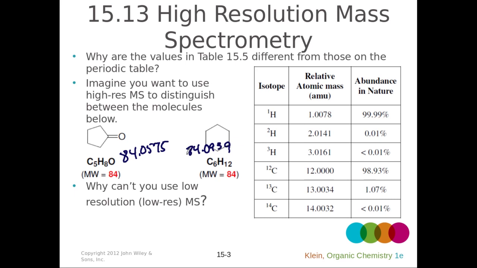So if you knew that your mass was 84.0939, then you could go back and look that up in a chart, listed under 84, and it would tell you that you have C6H12 as your molecular formula. If you had this high-res instrument, you don't even have to calculate the molecular formula. And you can see here how the different isotopes contribute to the molecular weight.